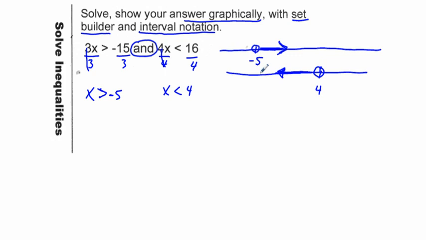Now, what we have to do is, since it says and, we combine these together. To do that, we're going to put negative 5 here and 4 here. And we know the value cannot equal negative 5, nor can it equal 4. But you see where the arrows are.